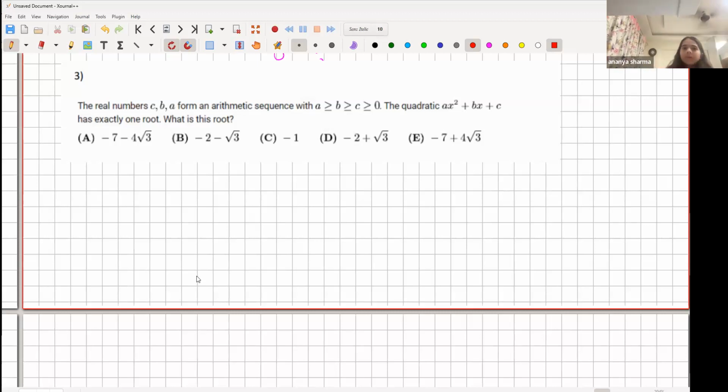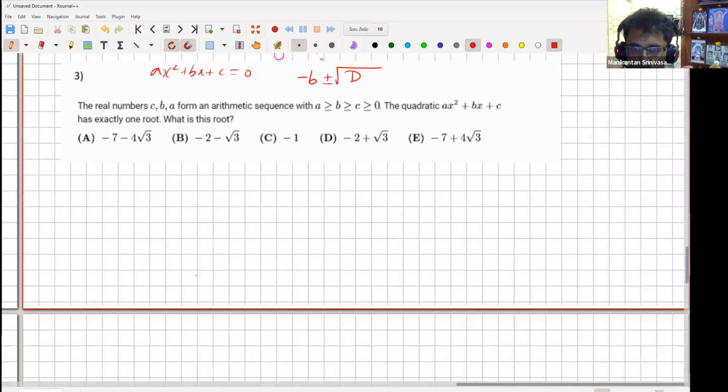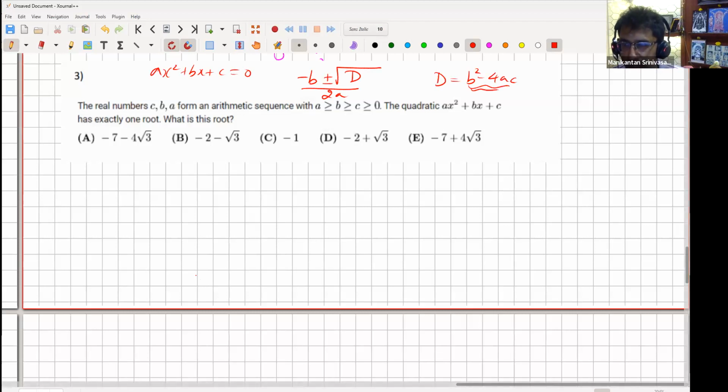Okay, just quickly, ax square plus bx plus c, when you set equal to 0, you'll have 2 roots, right? Minus b plus or minus square root of b square minus 4ac whole upon 2a. So this b square minus 4ac is the discriminant. That will determine whether you have typically 2 roots.